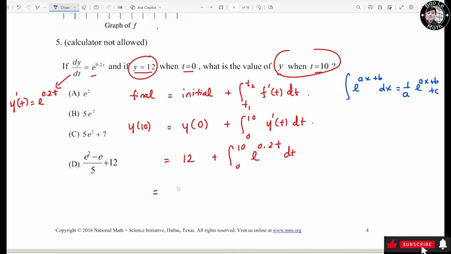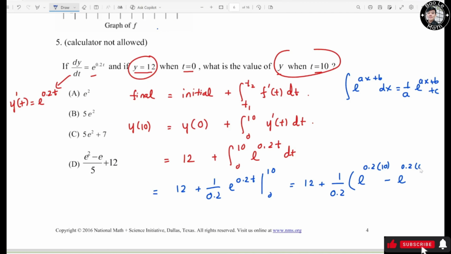So it's going to be 12 plus 1 over 0.2 e to the 0.2t evaluated from 0 to 10, right? So it will be 12 plus 1 over 0.2 times e to the 0.2 times 10, subtract e to the 0.2 times 0.